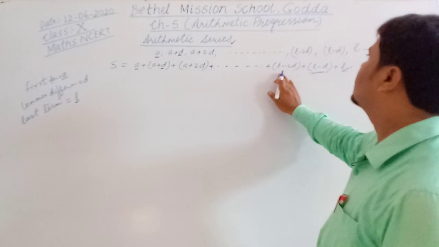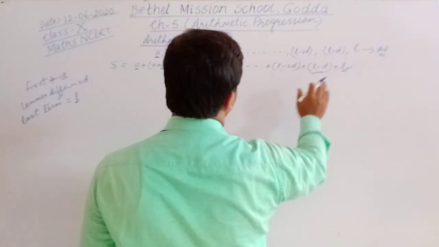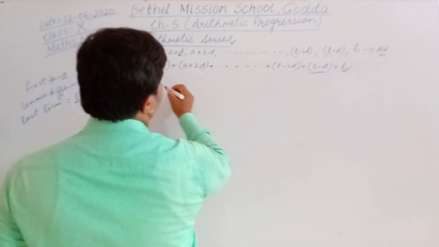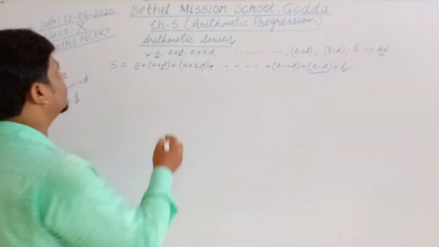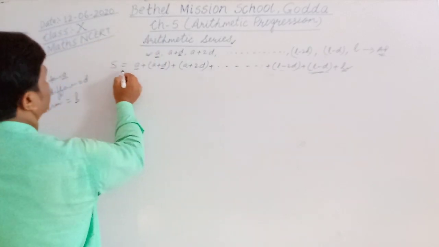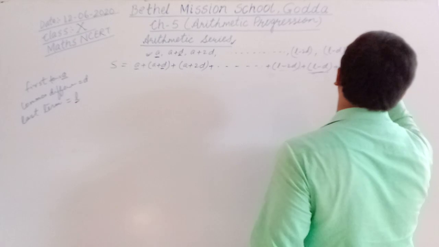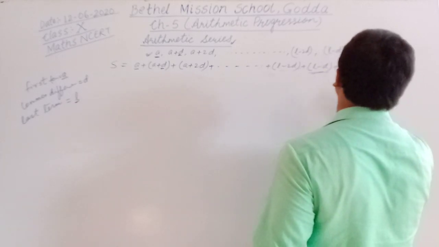So the arithmetic progression will be like that. After that, I add all the terms. That is called the sum of terms, and this is called arithmetic series.